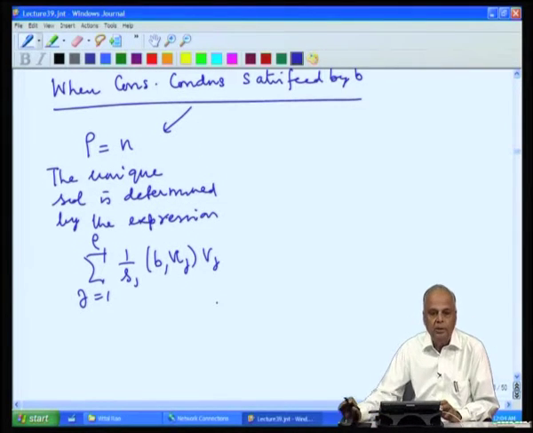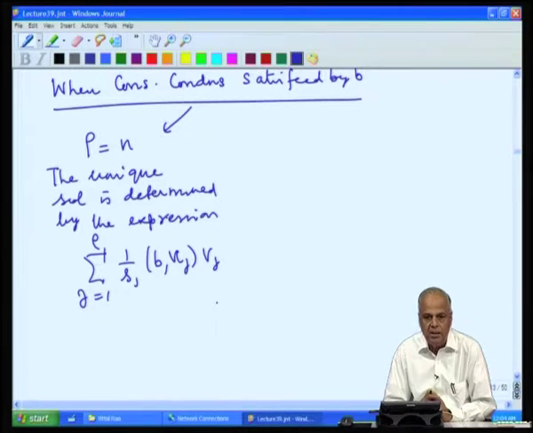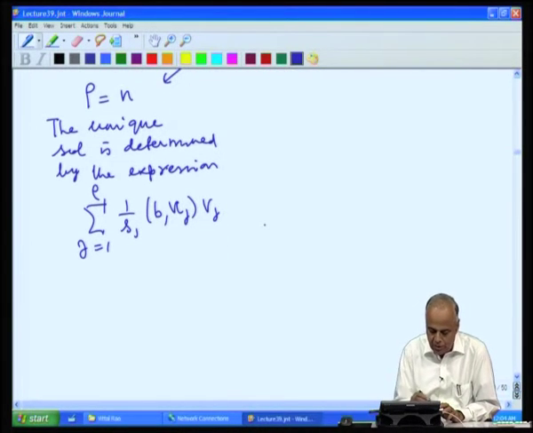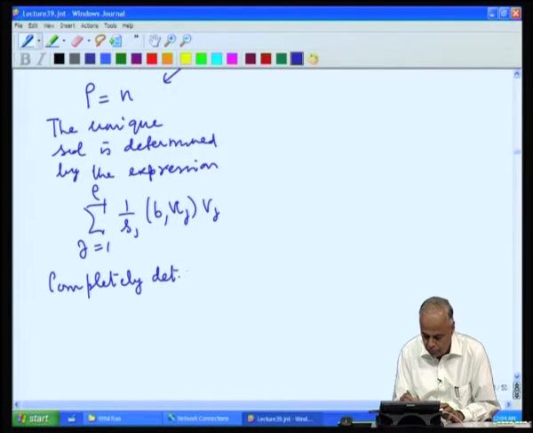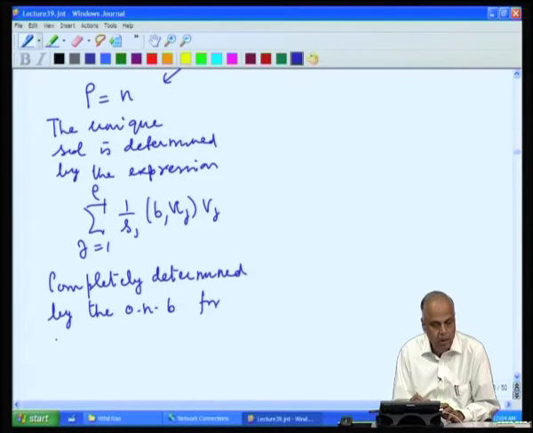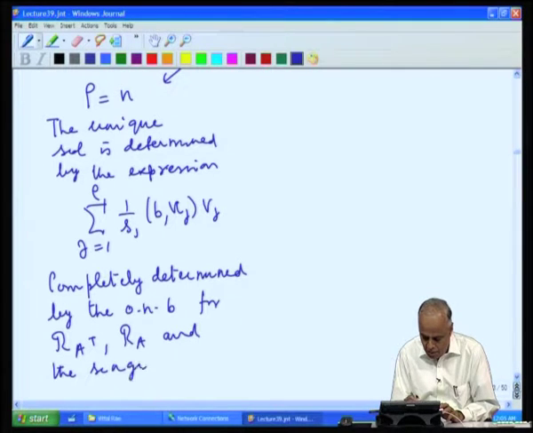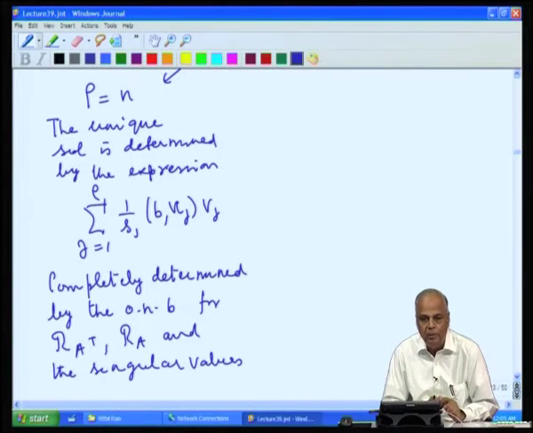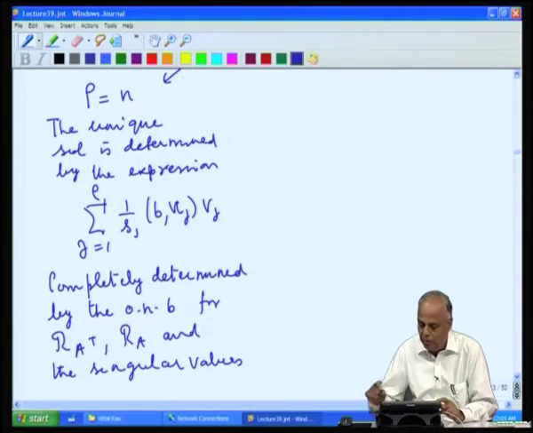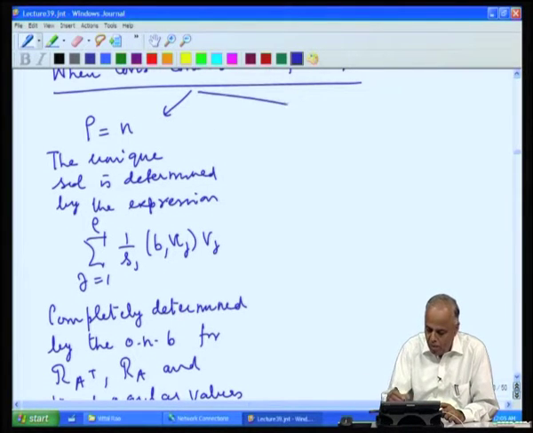You see that this is completely determined by the v j's, the u j's and the S j's. So, it is completely determined by the orthonormal basis for the range of A transpose, the range of A and the singular values. The orthonormal bases that we have chosen, the u j's and the v j's, have been very specially chosen to be related to each other.